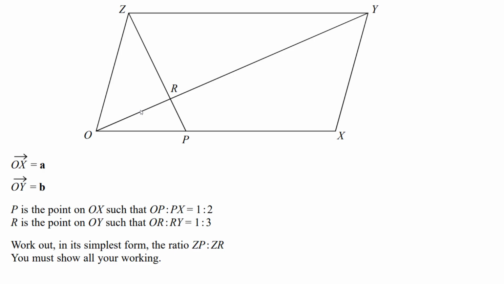So 1/4 to 3/4. And if the full length is A, we can say this is a third A. This is 2/3 A, because it's 1 over 1 plus 2, and then 2 over 1 plus 2.